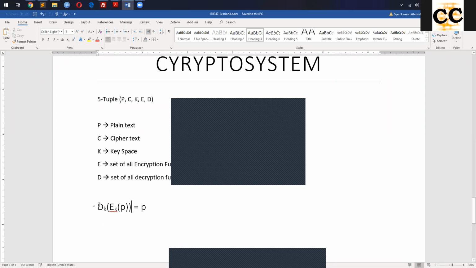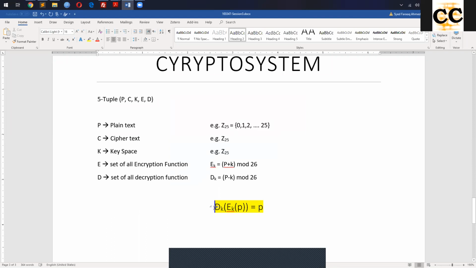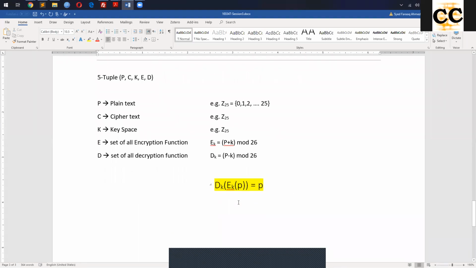Okay, so I am going to highlight this. What this says is that whenever you apply a decryption function to the encryption function, it is the job of the decryption function to return us back to the plain text. So keep this in mind.